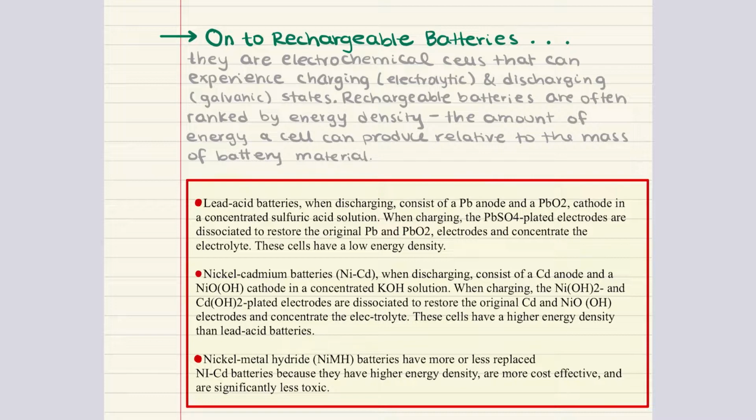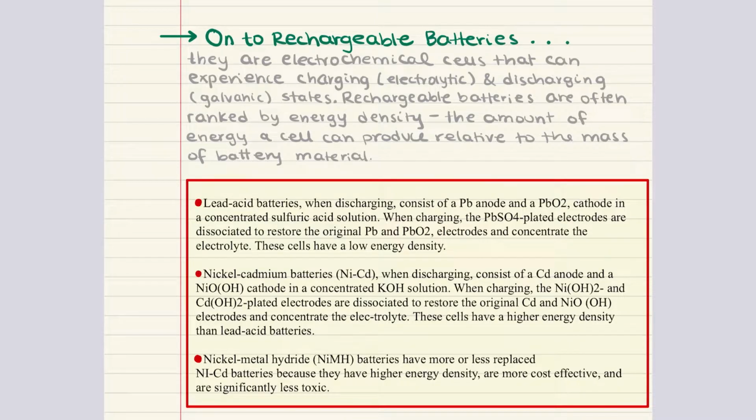These electrodes are connected by a conductive solution of concentrated sulfuric acid. During discharge, the lead at the anode and the lead dioxide at the cathode react with the sulfuric acid to form lead sulfate, and the sulfuric acid becomes diluted. This process generates an electric current.